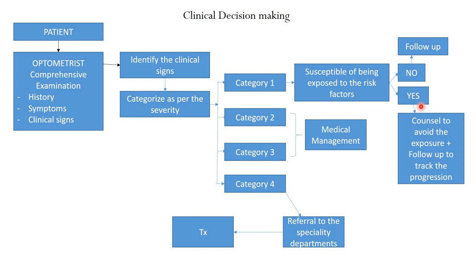Category 1: if yes, ask them to avoid those things, just like in case of smoking. If no, have a regular follow-up. In case of category 2 and 3, have medical management. Category 4, as I said, you'll have to go for retina surgeons and look into better treatments.